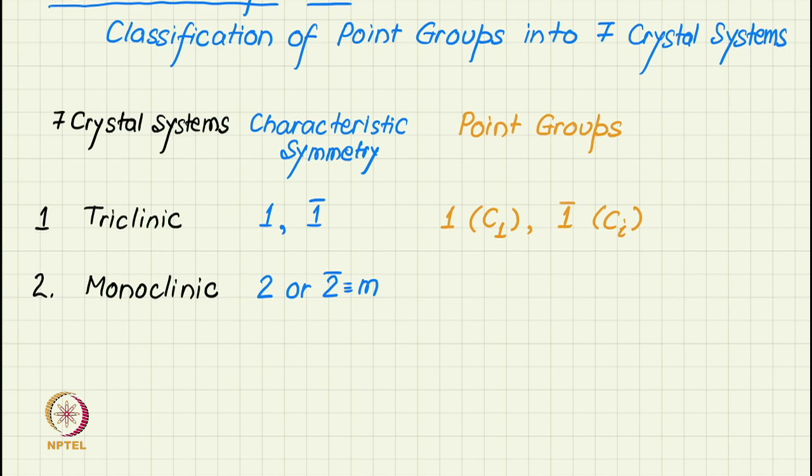So, the point groups which will belong to the monoclinic system will be 2 or C2, m or Cs, and 2 by m, which is C2h, two-fold with a horizontal mirror. That is the Schoenflies notation, C2h.